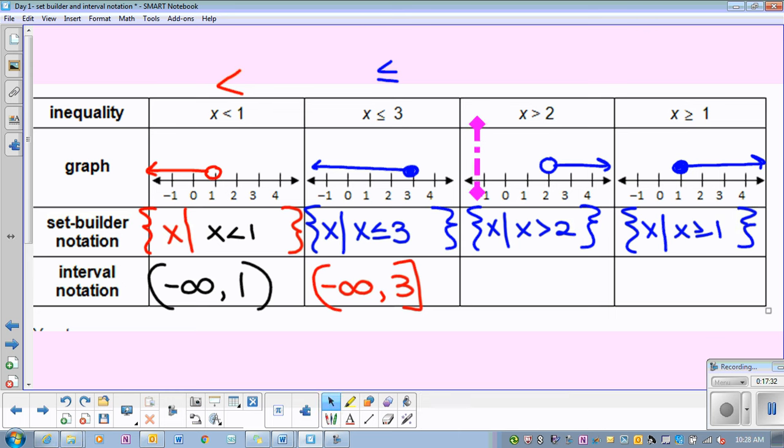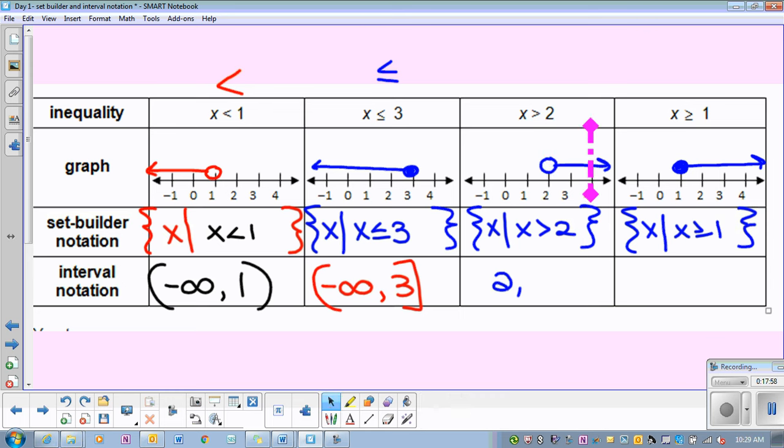Alright, so let's look at the next one. Remember, we always read the graph from the left to the right. So this graph starts at what number? Kevin, what number does that start at? 2? Good. 2. And then you have an arrow going to the right.